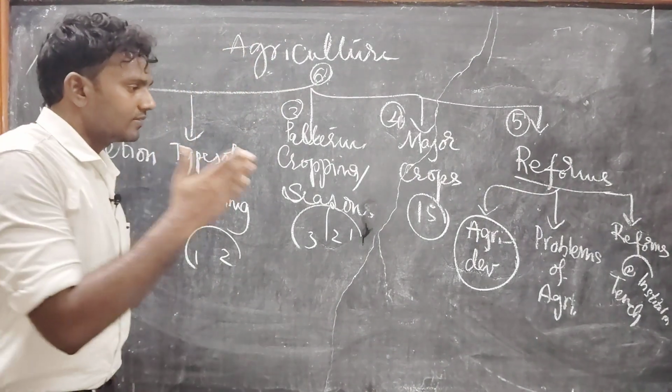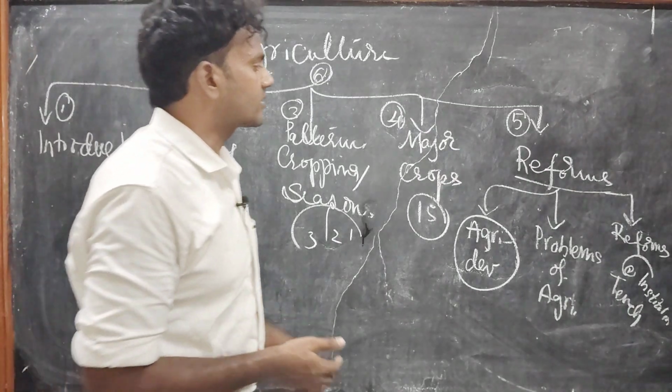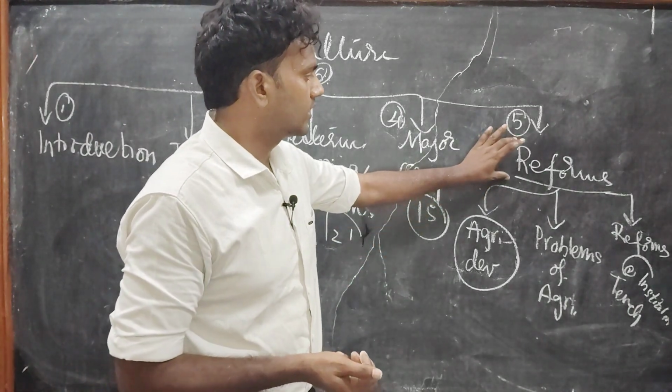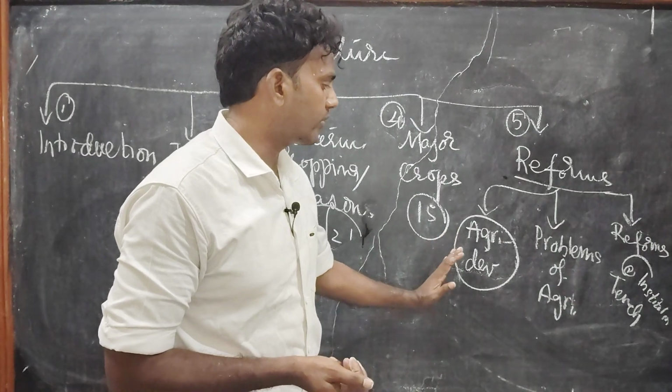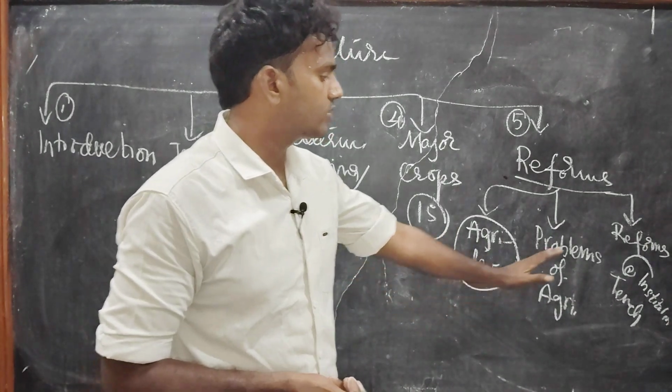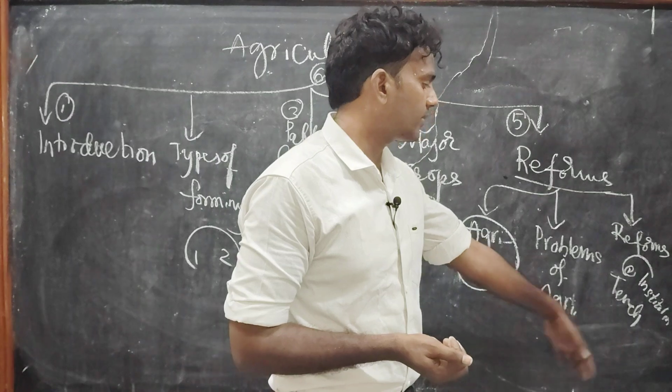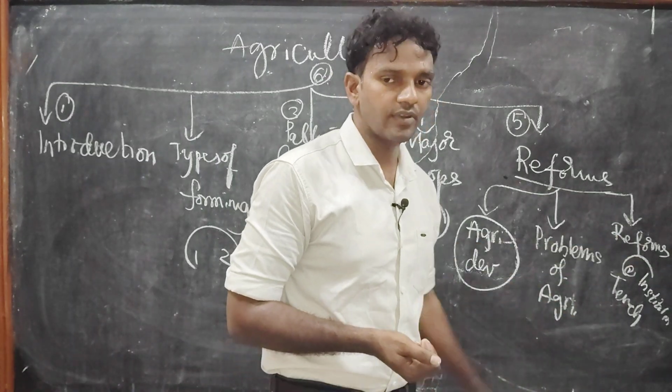Today, now we are going to discuss reforms. In these reforms, we already discussed agriculture development, and then problems, and then solution. Solution means temporary or permanent solution. That is about reforms. We'll discuss here.